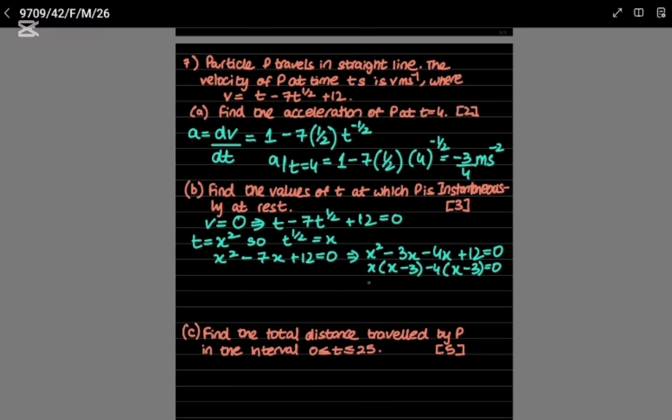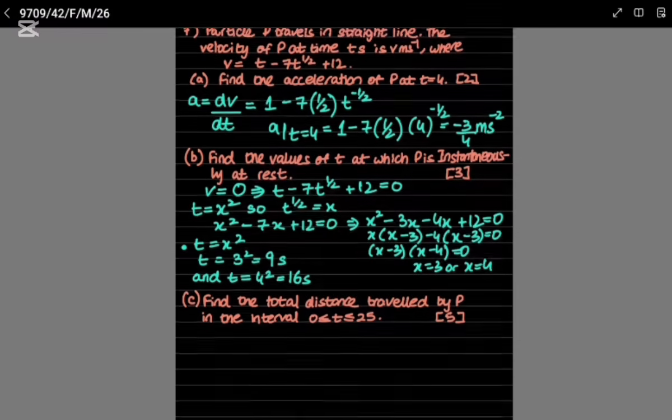So this gives that x minus 3 into x minus 4 equal to 0, x is equal to 3, or x is equal to 4. Now coming back, t is equal to x squared. Okay, remember this. So t is equal to 3 squared, which is equal to 9 seconds, and t is equal to 4 squared, which is equal to 16 seconds.